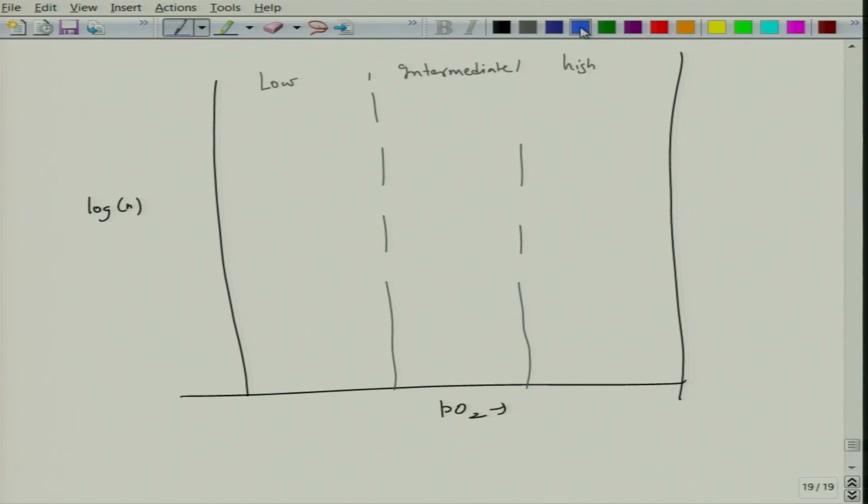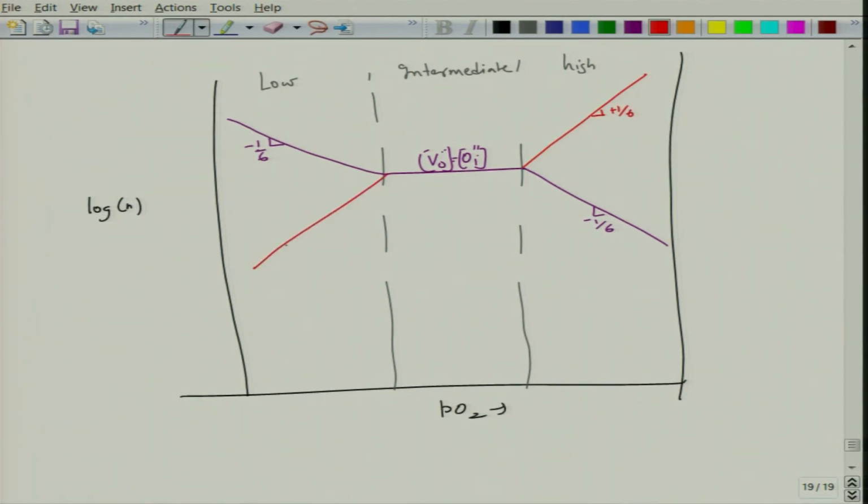In the intermediate regime, instead of Ne being equal to NH, we have VO being equal to OI. So VO will follow this line with a slope minus 1 over 6, and this will go as minus 1 over 6 in this region. This is VO. For OI, it will follow this line plus 1 over 6 and minus 1 over 6.